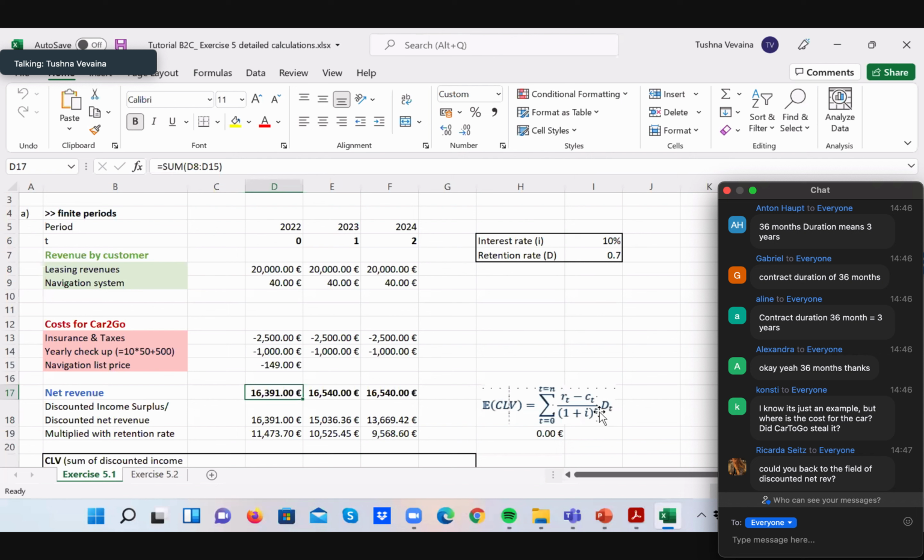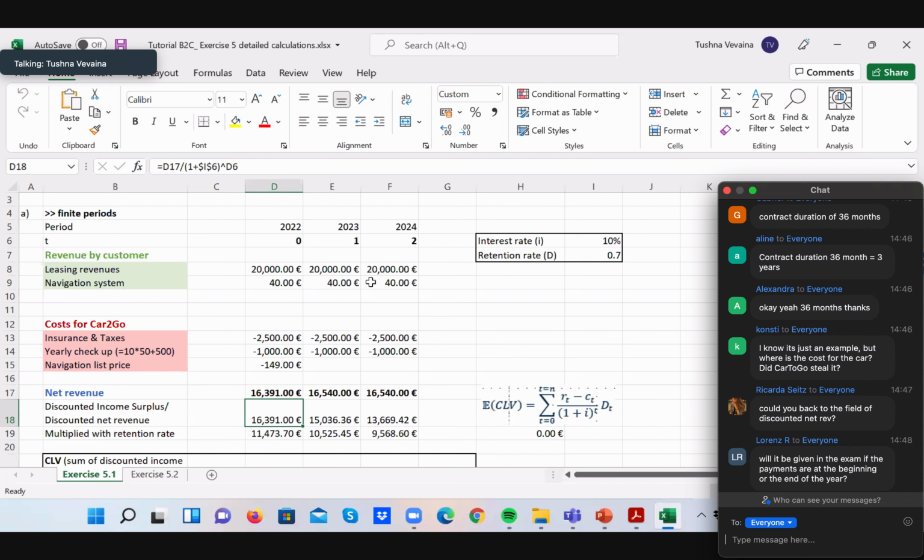When you raise it to t, where t is equal to 0 in the first year, you get the same answer in your discounted surplus, because anything raised to 0 is equal to 1. Then for the following years, you use raised to 1 and then raised to 2.